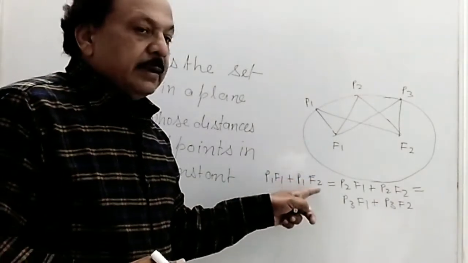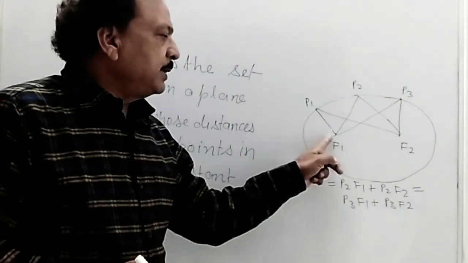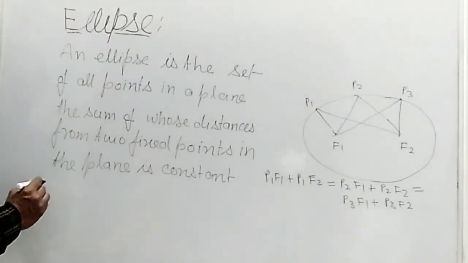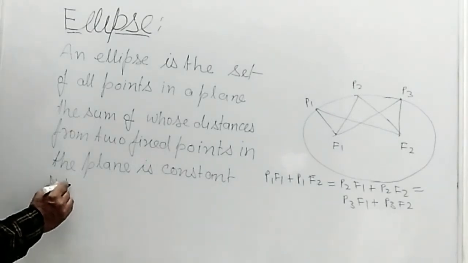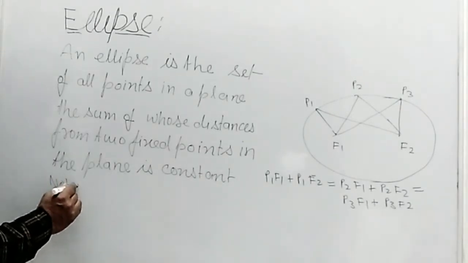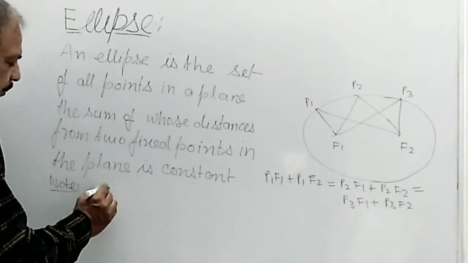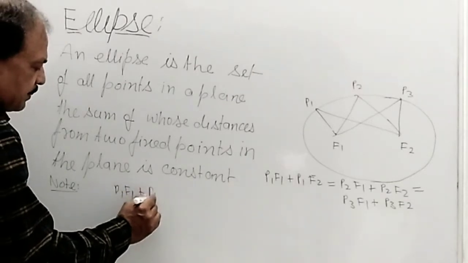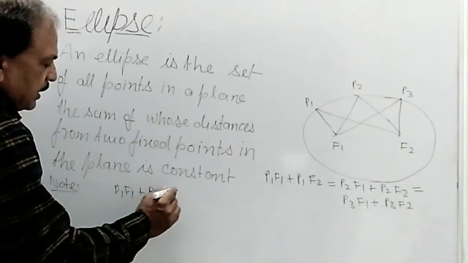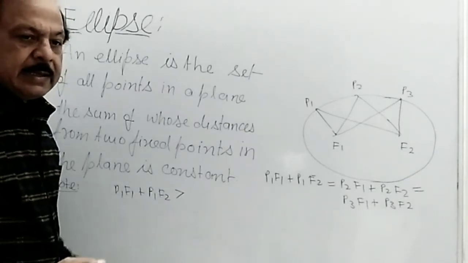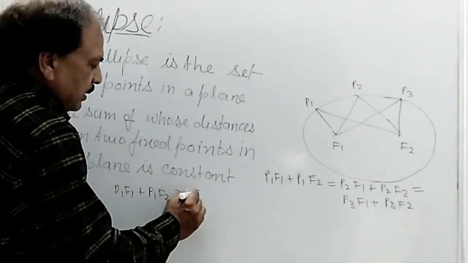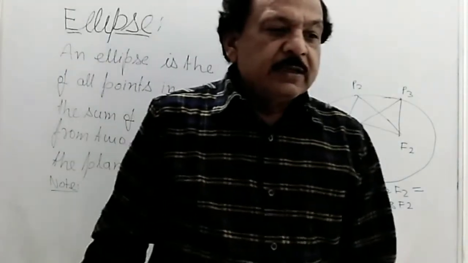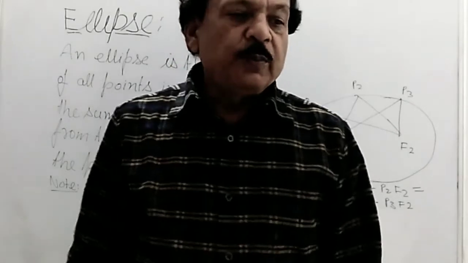It means the sum of distances P1F1 plus P1F2 is always greater than the distance between the two fixed points.